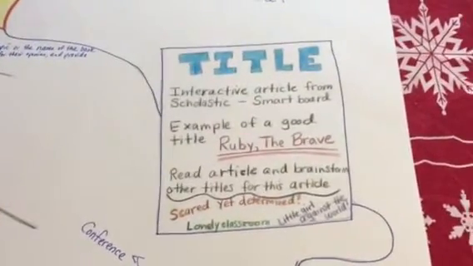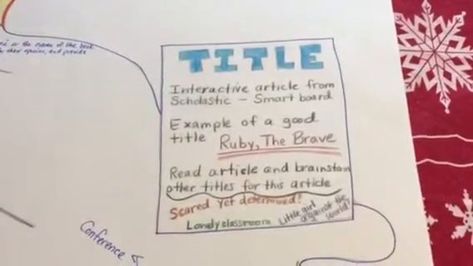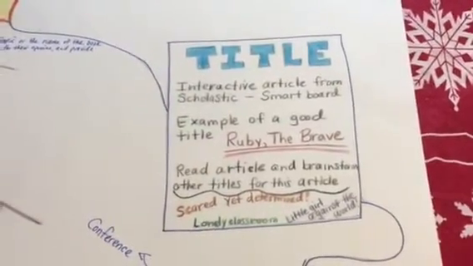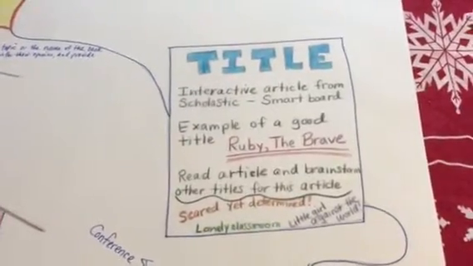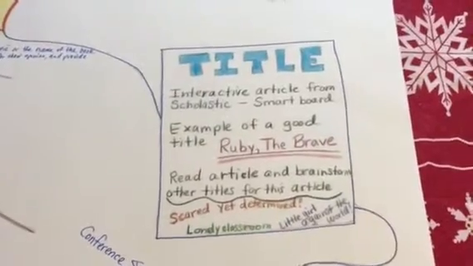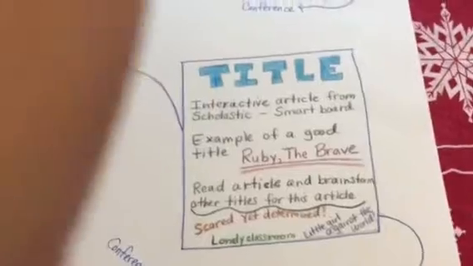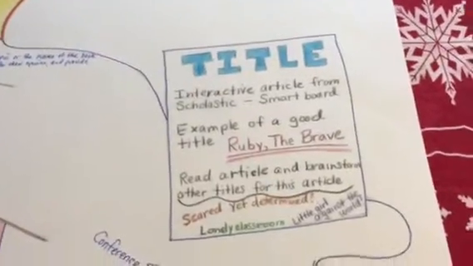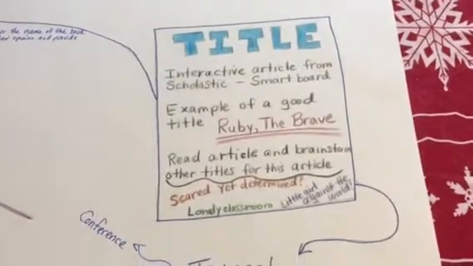They do it independently. And it's called Ruby the Brave. And I liked it because it was an example of a good title. They're going to read through the article and brainstorm other titles for this article. They're also going to play a game where they have to match up the title, a good title for a passage. And that's going to get them into the swing of finding a good title for a passage.